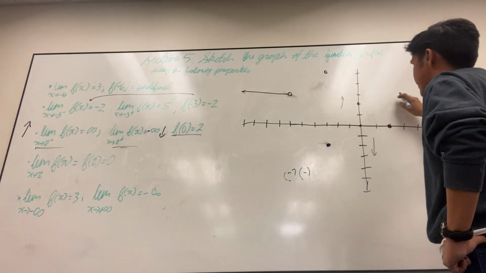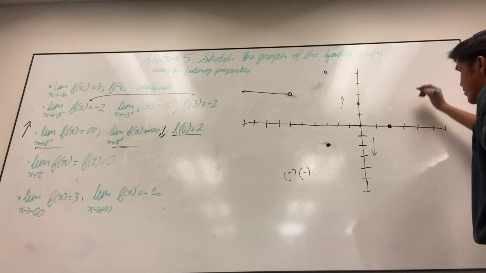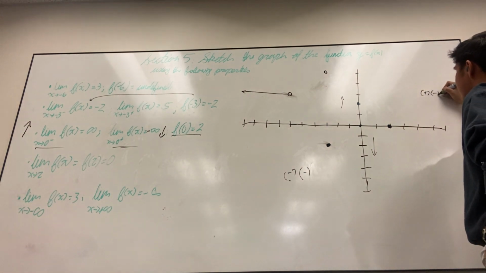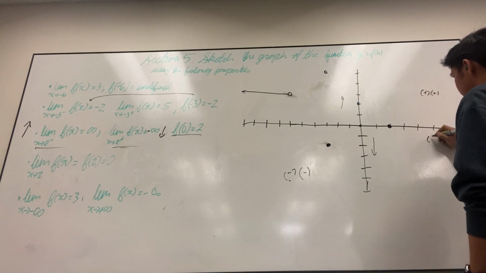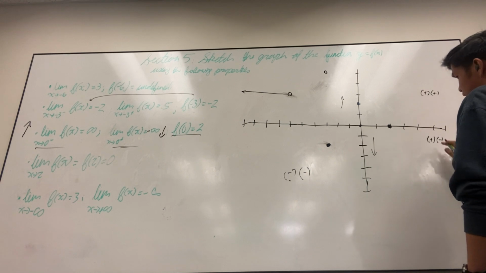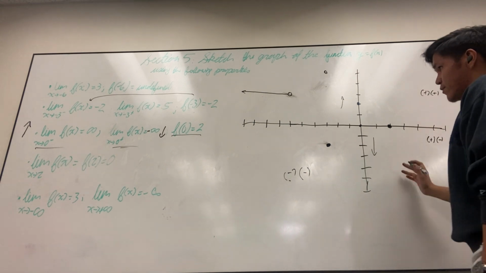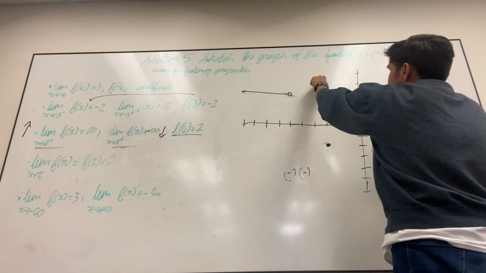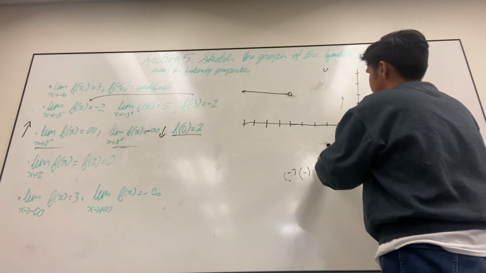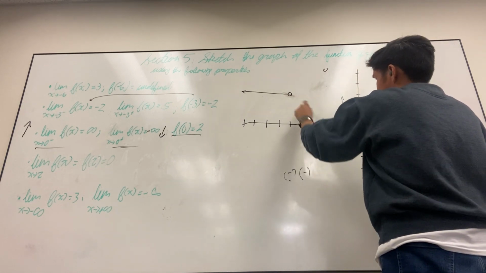So the only likely case is this quadrant. So this is most likely our quadrant. So now we can connect the dots. Since these two would be undefined, we won't connect them, but these two we can connect.